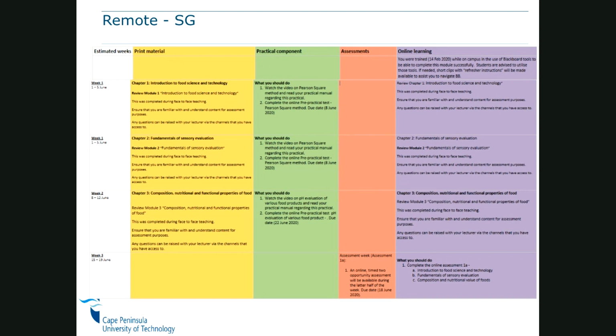Let me just start by emphasizing this point. We are doing everything that we can in order to be able to take everyone along with us. As lecturers, unfortunately, we are not responsible for issuing devices and data and so on.